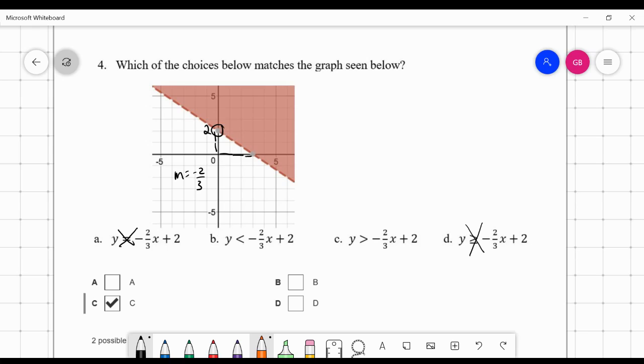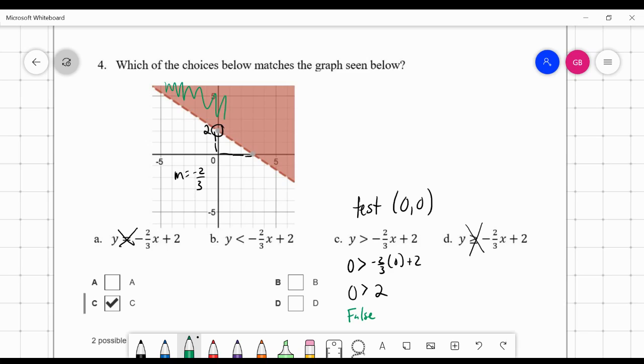So let's go ahead and test one of these. Say I test letter C. If I plug in 0, if I test 0, 0, then I end up with 0 is greater than 2, and this is false. So I shade the other side. So I would shade the side that doesn't have 0, 0. Okay, so that's why C works.